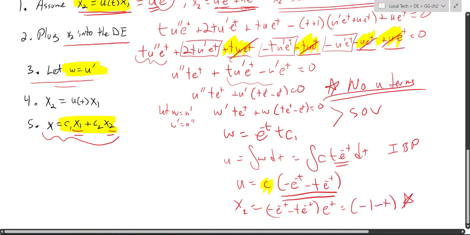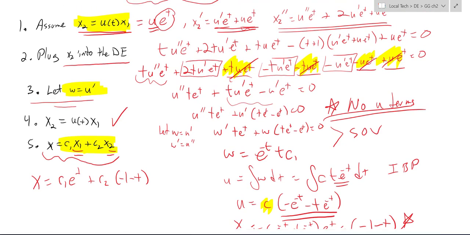And this should be my second solution to the differential equation. All right, so that is checking our box for number 4 here, forming our second solution. And then lastly, our general solution will be a linear combination of our first two solutions. That'll be our general solution.